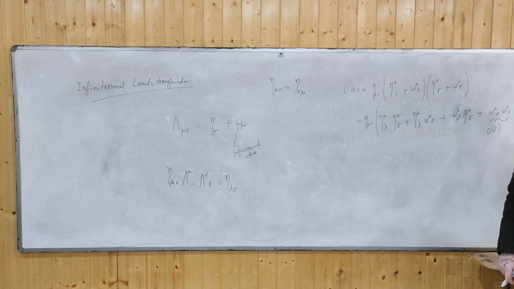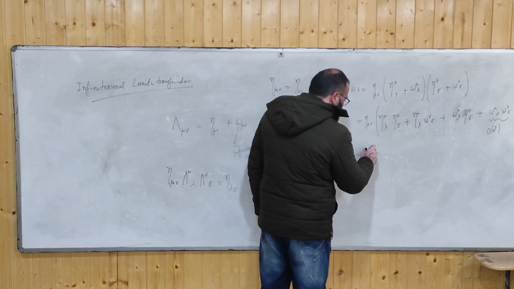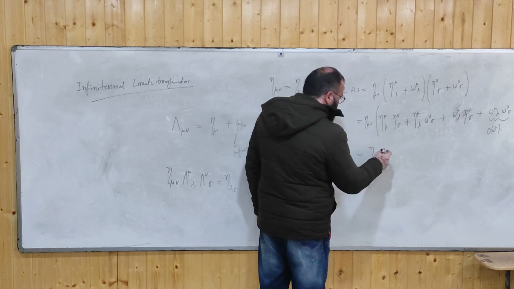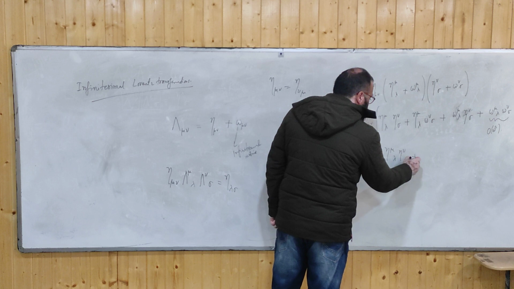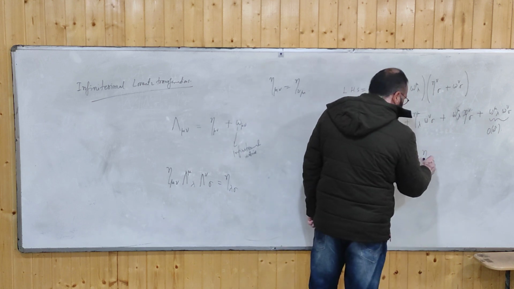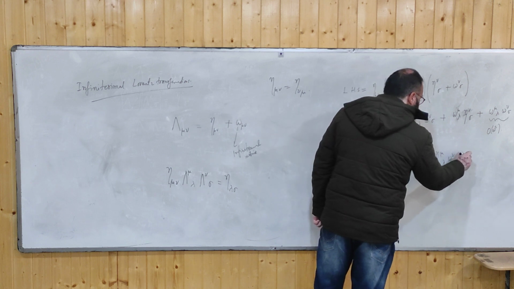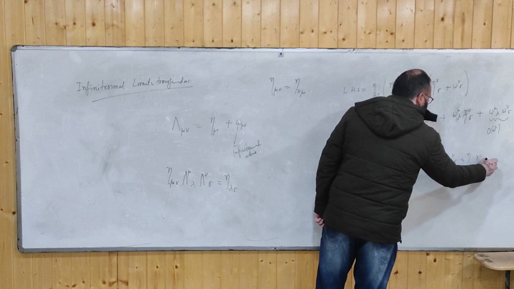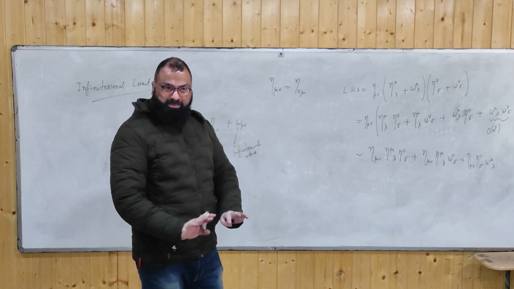Clear? We can ignore it. Got it? Okay, we can ignore these terms. So I can put it approximately equal to eta mu lambda, eta nu sigma plus eta mu lambda omega nu sigma plus eta nu sigma omega mu lambda. And we are ignoring the order of omega square terms.